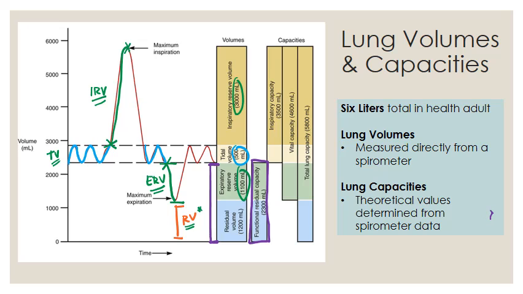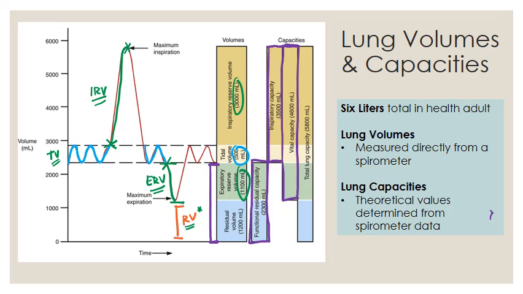Now the second one to know is from the bottom of a normal tidal breath to the maximum inspiration, this is called the inspiratory capacity, and this is about 3.5 liters. Number 3, the vital capacity, is composed of all of the air from maximum inspiration all the way down to maximum expiration, totaling about 4.6 liters.